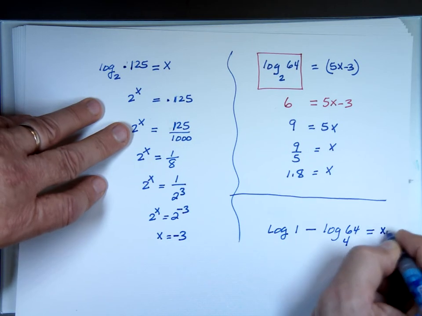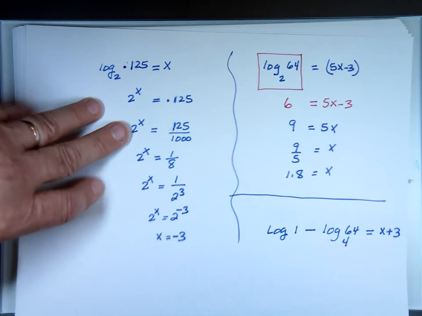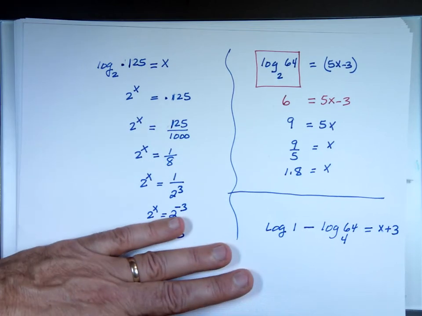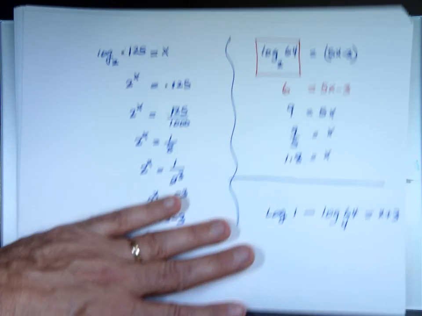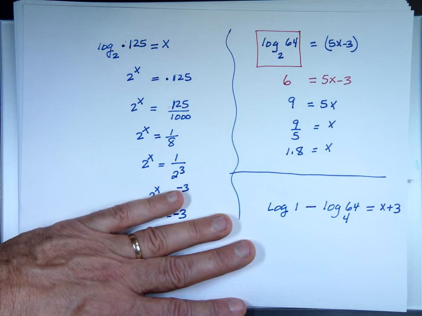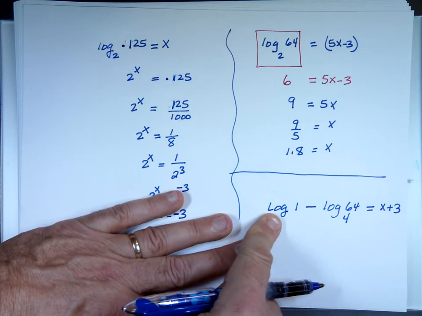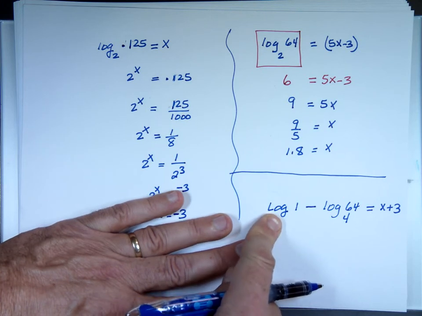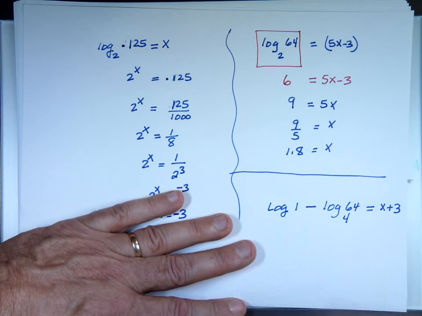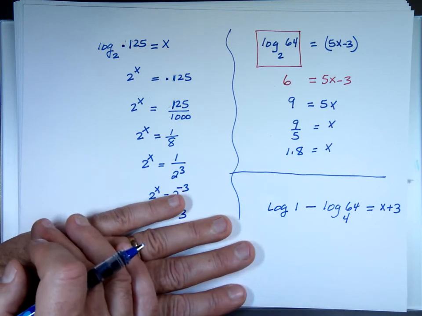Wait, doesn't one of them equal 0? Doesn't the log of 1? I didn't even tell you what the base of this is. That's fine. Oh, yeah, log 1. Doesn't matter. Yeah, 0. Rule number 2. What's the log of 1? 0. The answer to this is 0.